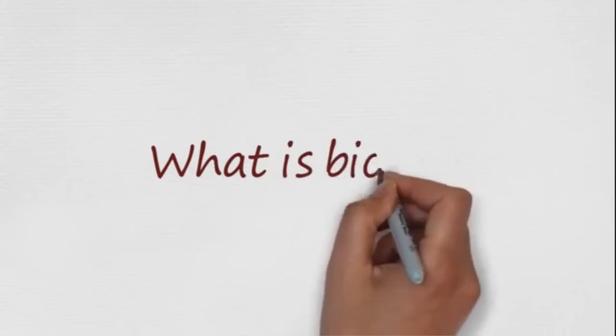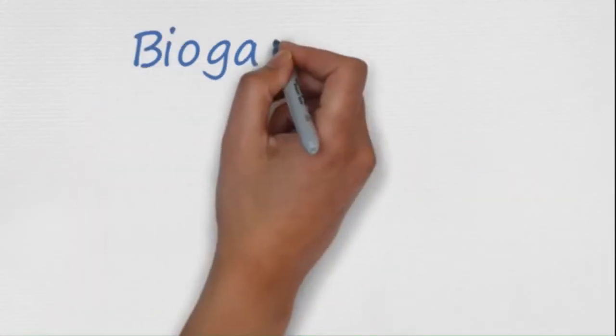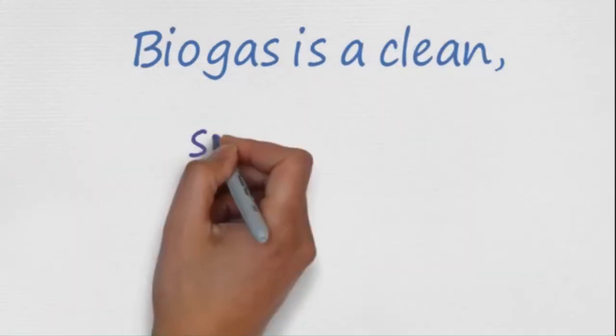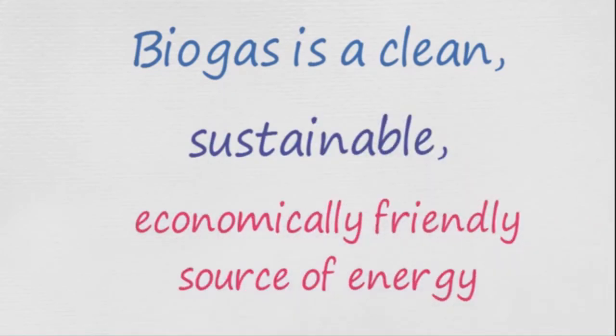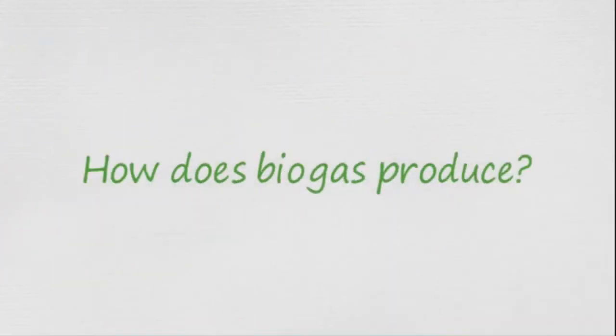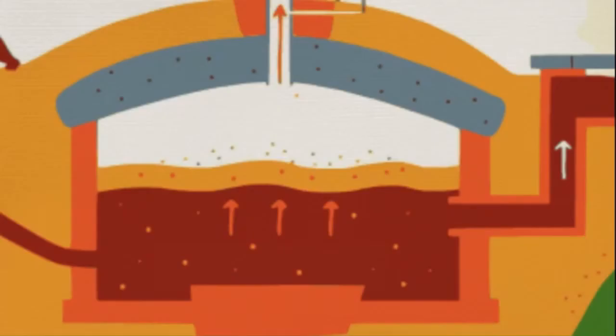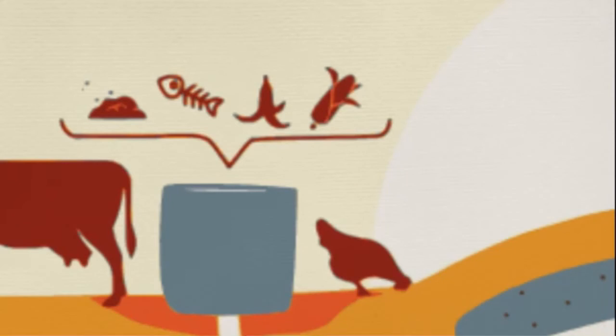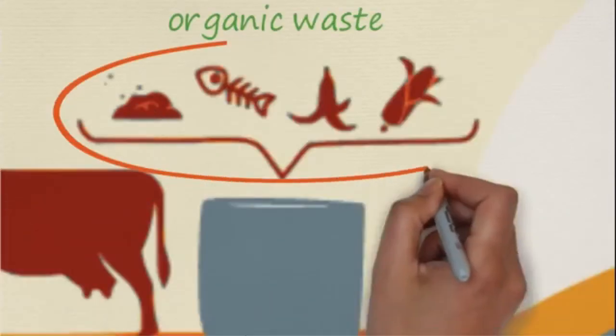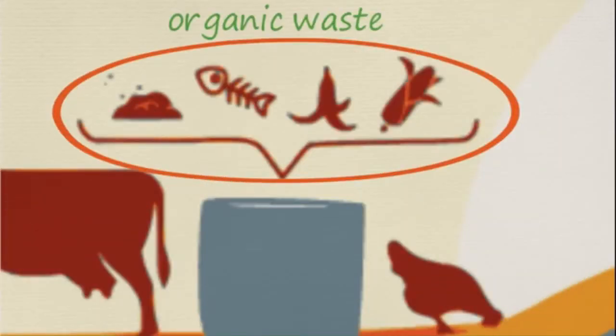What is biogas? Biogas is a clean, sustainable, and economically friendly source of energy. How is biogas produced? Biogas is produced through a natural process called anaerobic digestion that turns organic waste, like animal waste and food waste, into two products.